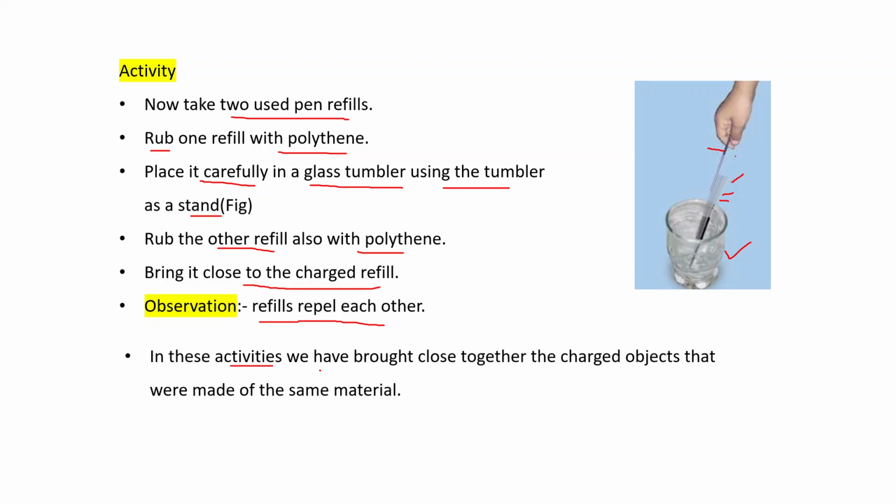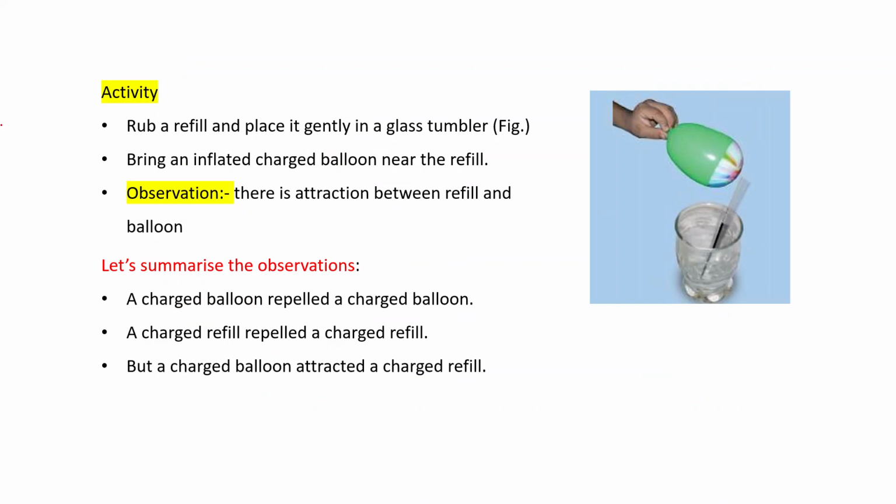In these activities, we have brought close together the charged objects that were made of the same material. In this, we brought together the two refills, and in the previous activity we brought together the balloons, which are made up of the same material. Now rub a refill and place it gently in a glass tumbler like this.